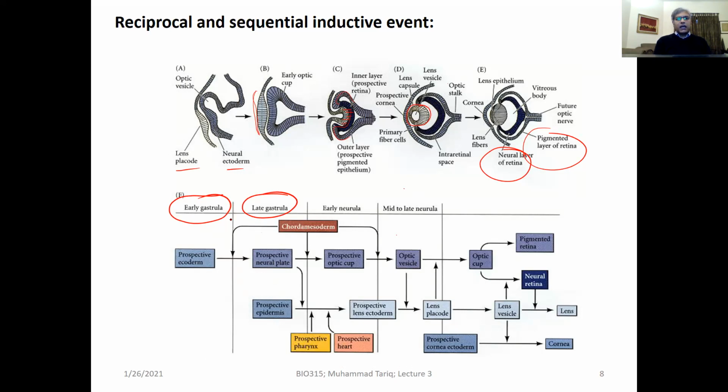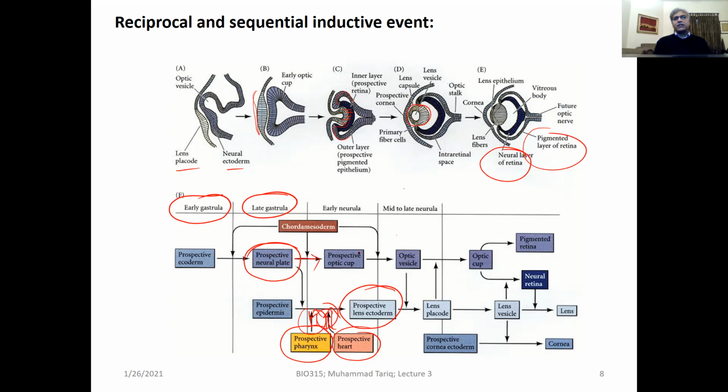So at this particular stage where we have presumptive pharyngeal endoderm and the heart forming mesoderm, they start sending signals which result in lens ectoderm, because the neural plate formation is a consequence of signal coming from these mesodermal and endodermal cells.